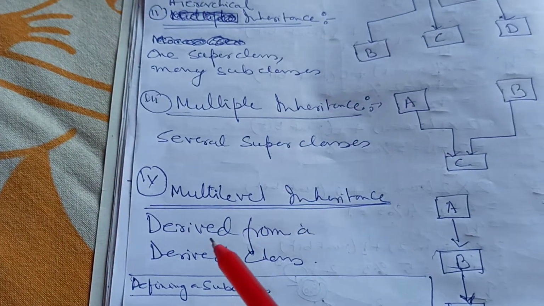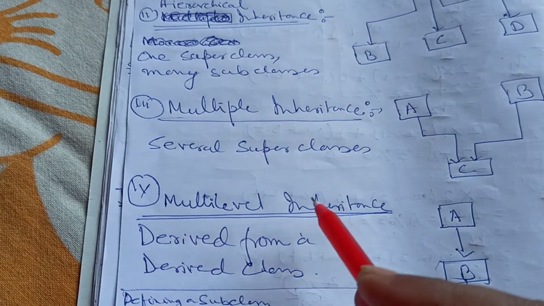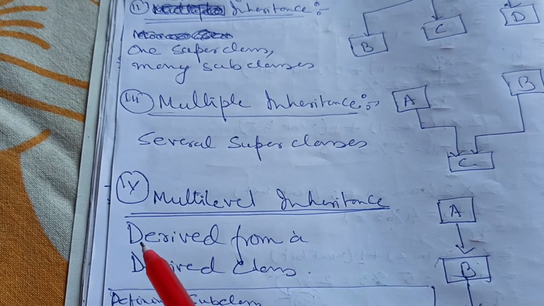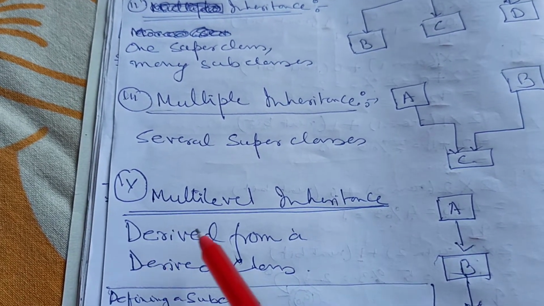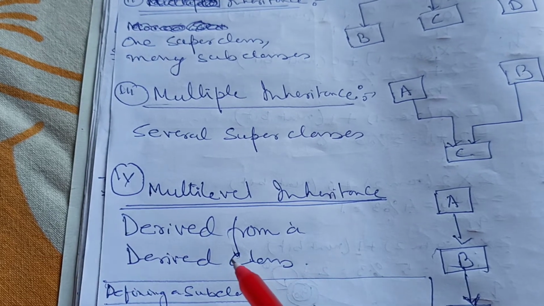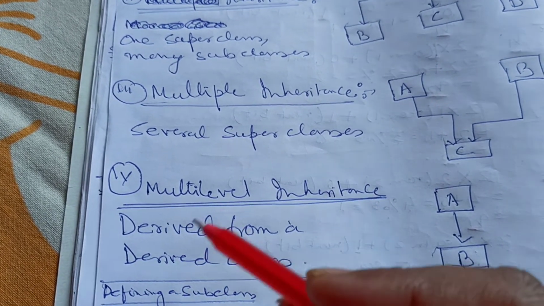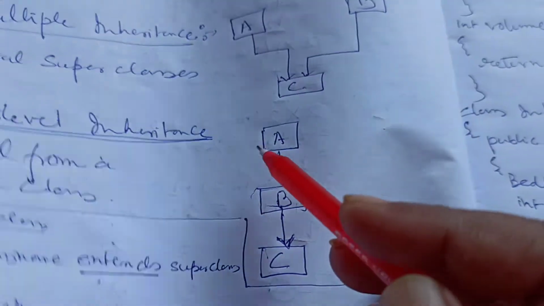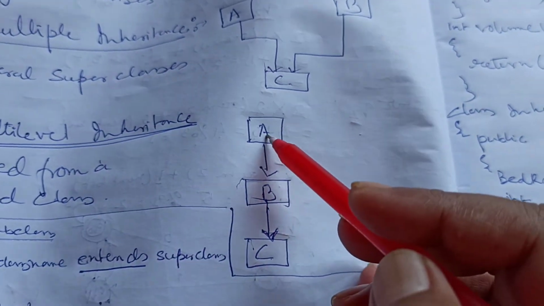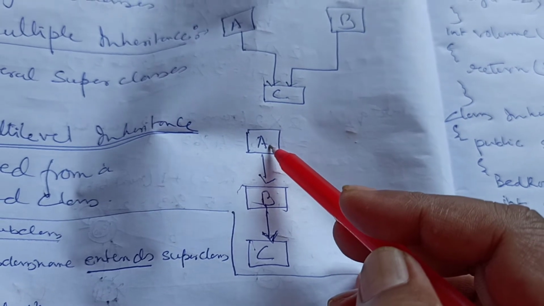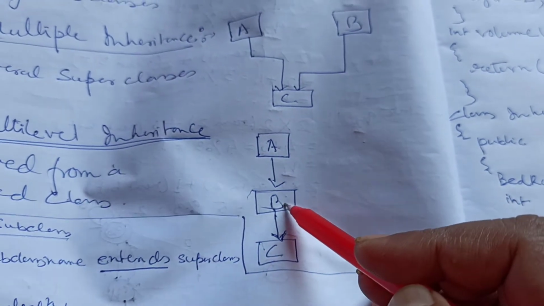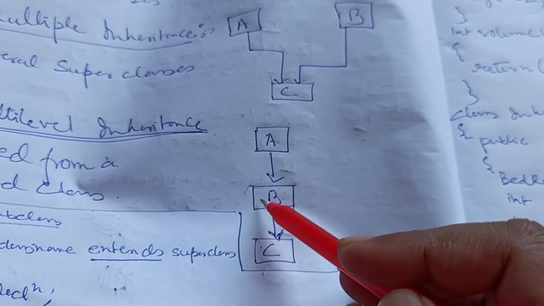Next is multi-level inheritance. What is multi-level? Derived from a derived class. It means you are deriving a class from a derived class. You can easily understand from this picture. Here the properties of A can be inherited to B. Now this is a derived class.